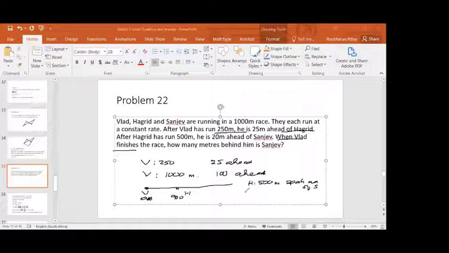Now this is important. H has only done 900 meters. So how much ahead is he of Sanjeev?